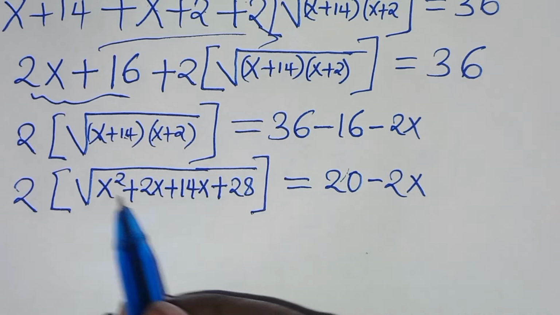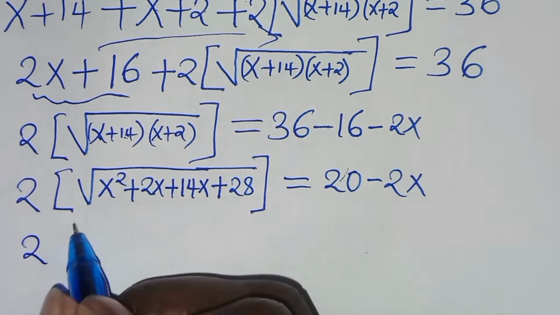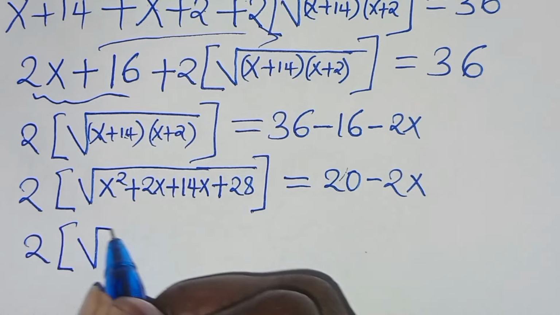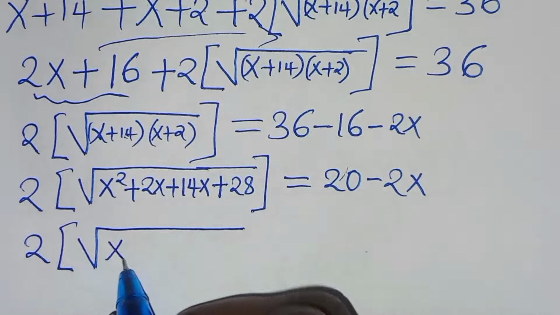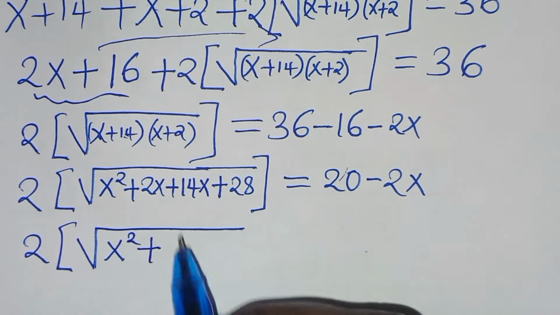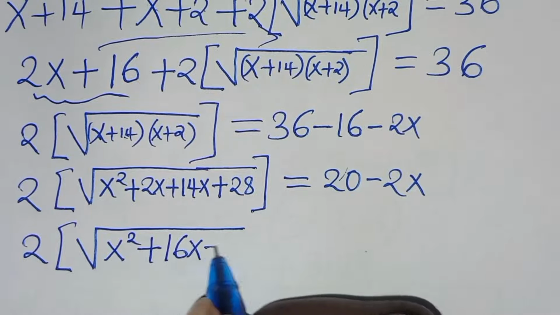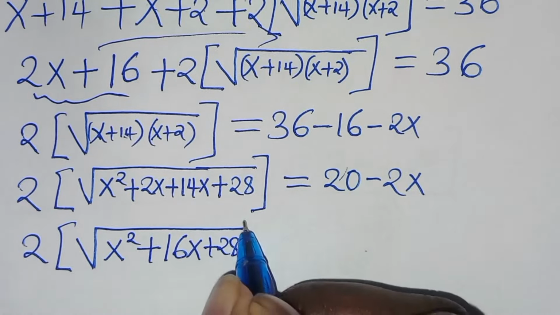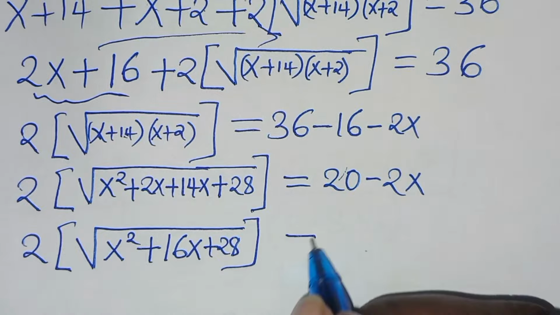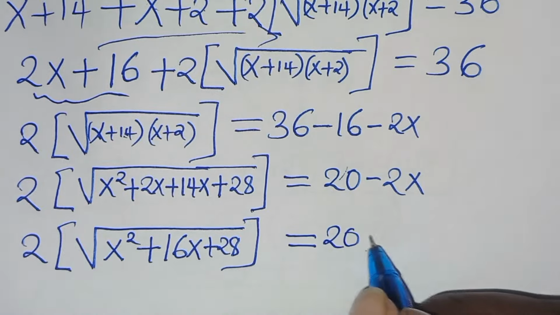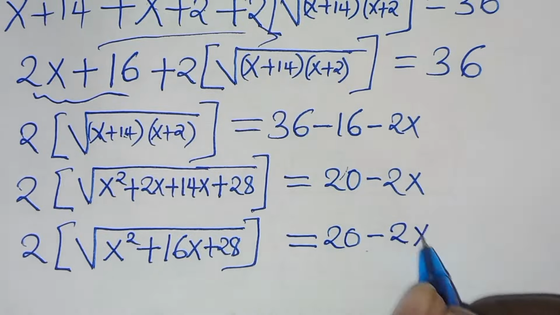Now, the next step from here, we have 2 multiplied by square root of x squared plus 2x plus 14x. This is 16x plus 28. Close the parentheses. This is equal to 20 minus 2x.